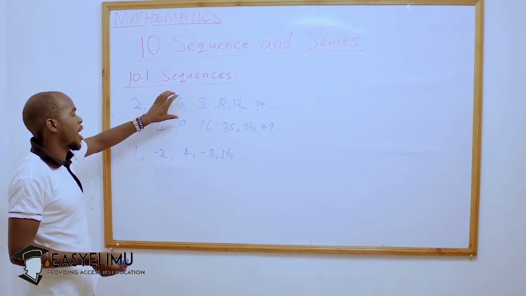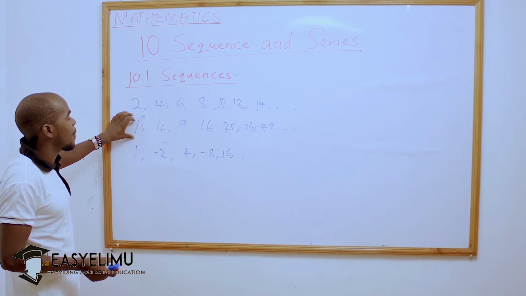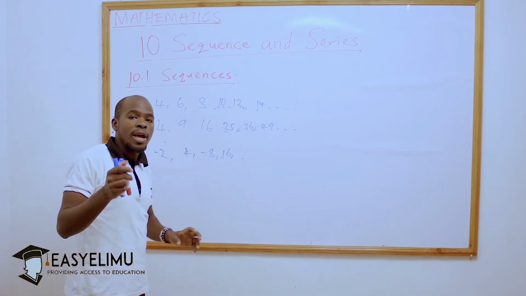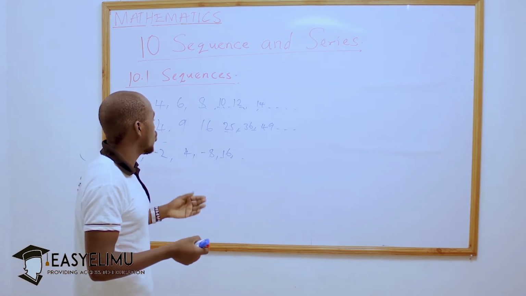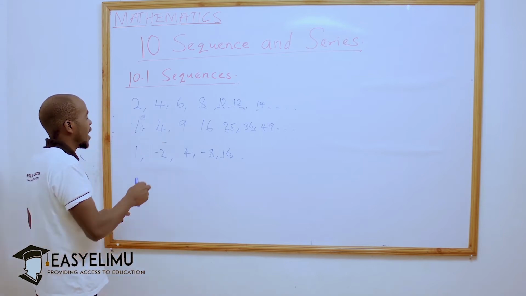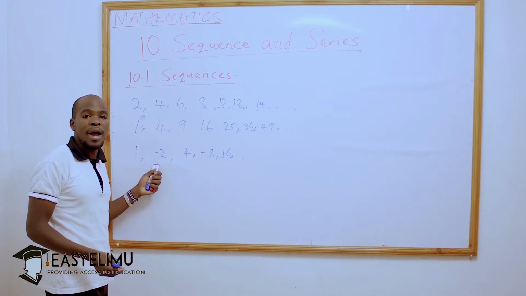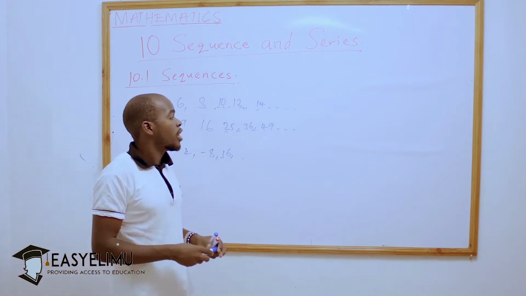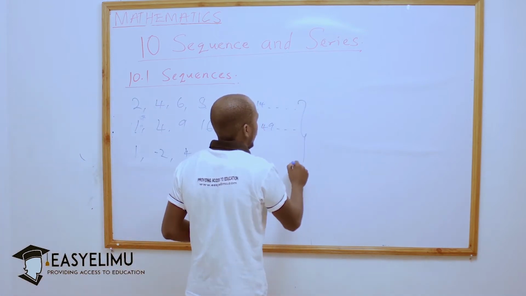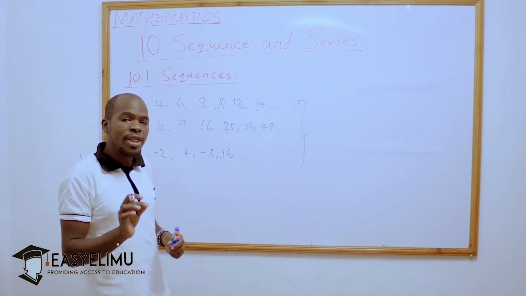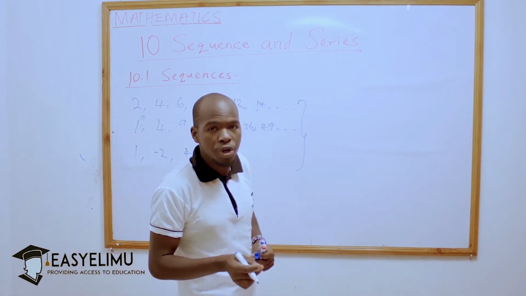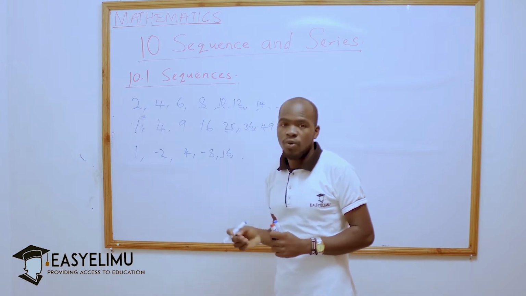Here is a pattern in which you square the numbers 1, 2, 3 as you move on. Here we multiply by negative 2. Any pattern of numbers arranged with a specific rule, we call a sequence.